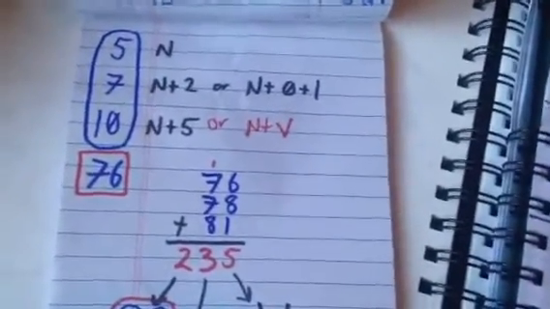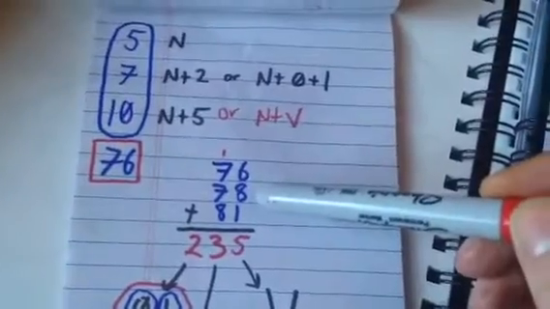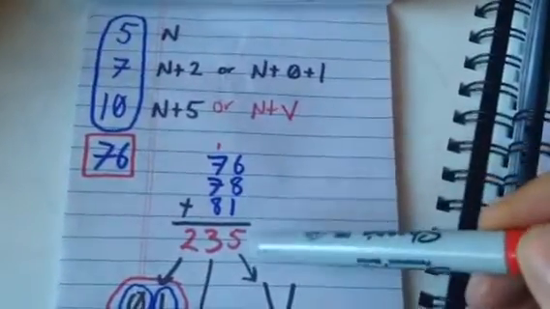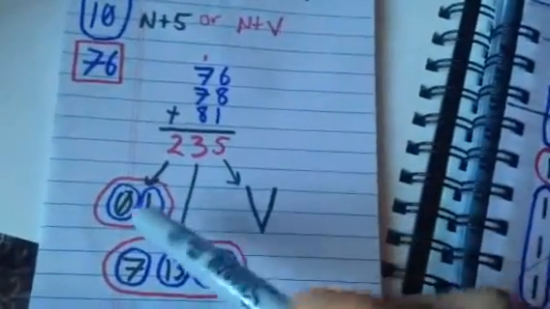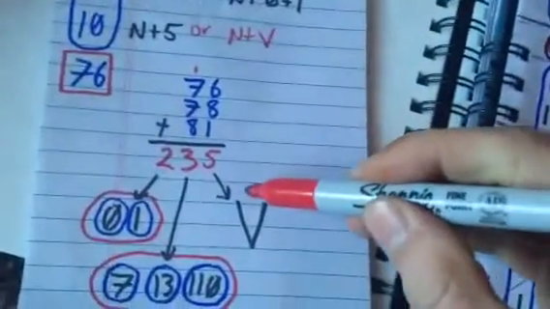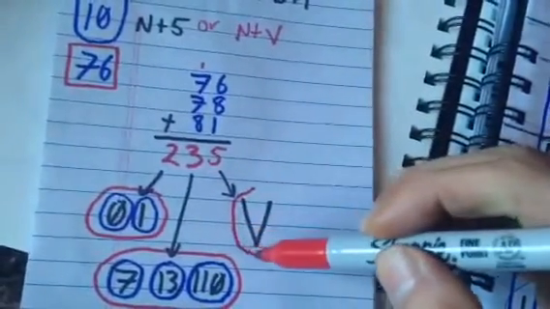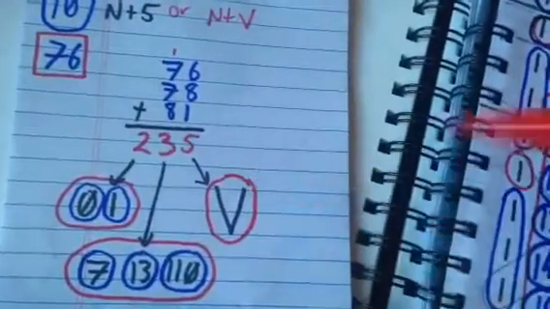Where are we? We're here, 76. So n is 76, n is 78, and n is 81. Add them up, you get 235. Look at that. It's because a 2's a 1, a 3's a 1, and a 5 is shockingly a 1.